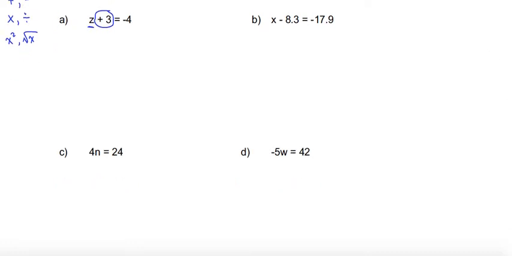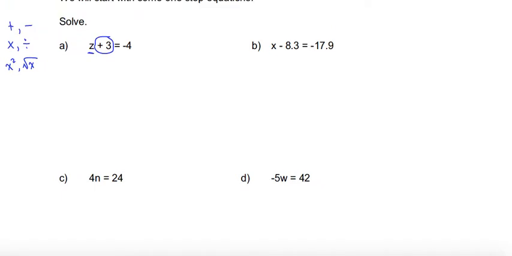Knowing that those are the basic opposite operations to look at, the opposite of adding 3 would be subtracting 3. So I'm going to subtract 3 from both sides of my equation, and I'm going to show this step here. I've shown that from my z plus 3, I'm subtracting 3, and from my negative 4, I'm subtracting 3.